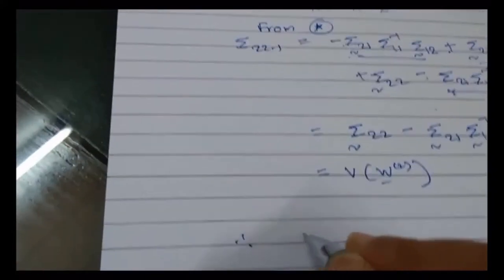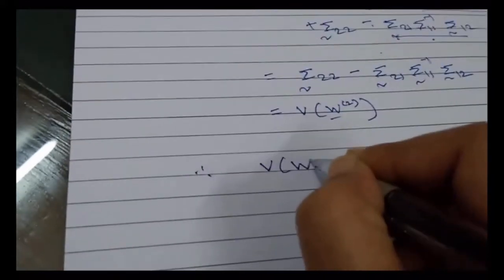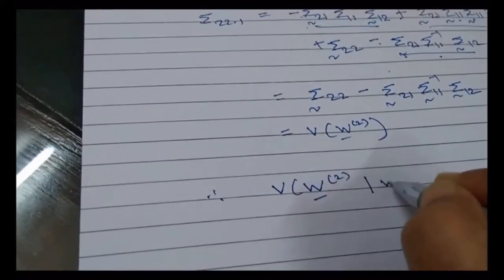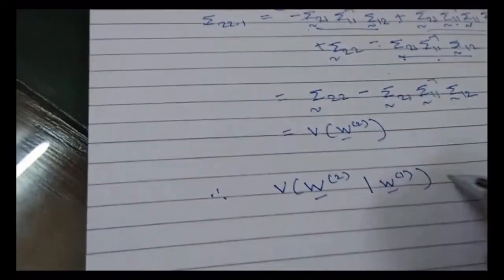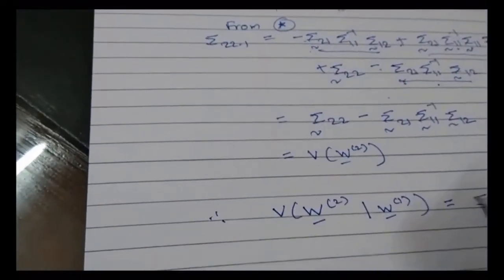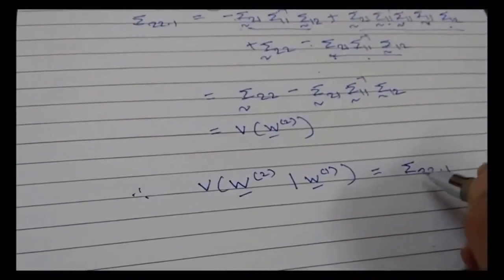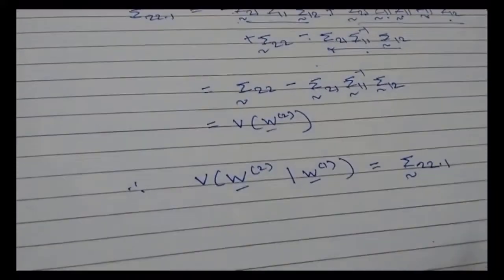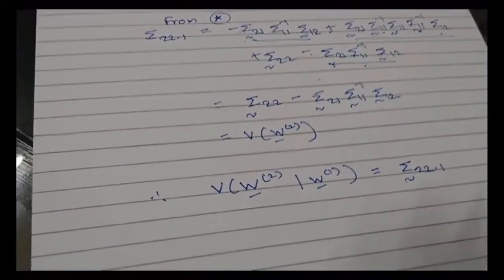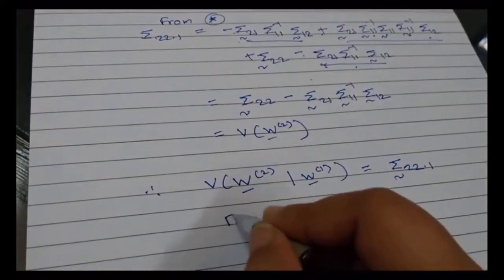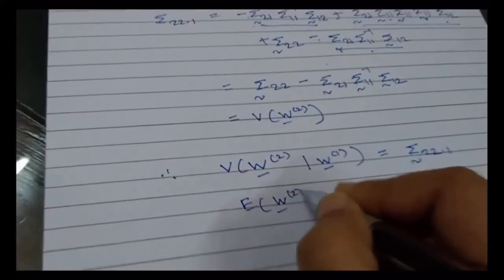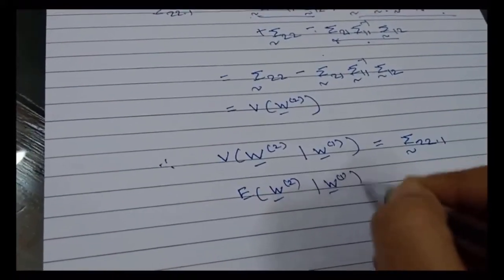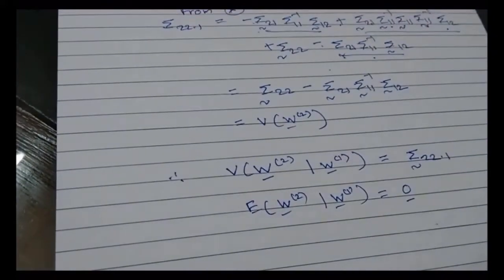Therefore, variance of W2 given W1 will also be this same, sigma 22.1. Mean is anyway 0. So expectation of W2 given W1 is anyway a 0 vector.